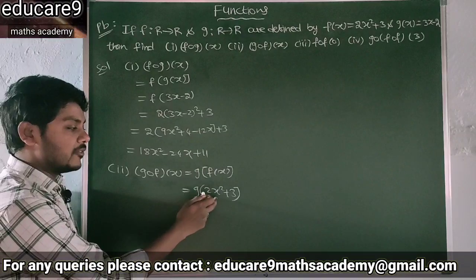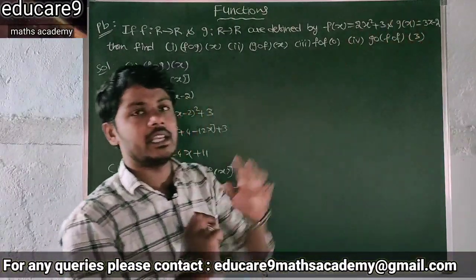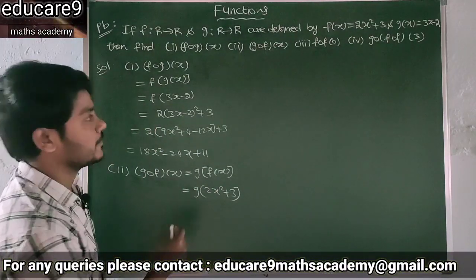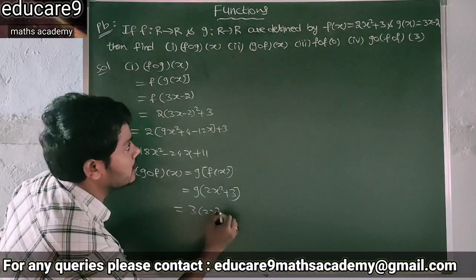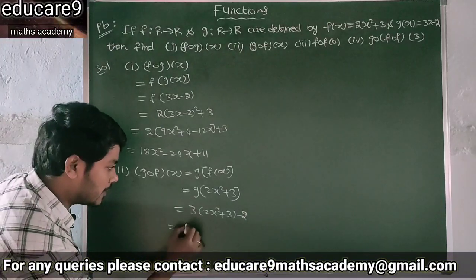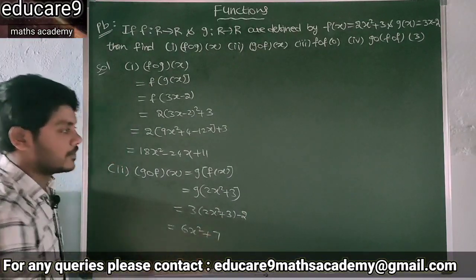Clearly it is in the form of g of x. Now g of x value is 3x minus 2. Now replace x by 2x square plus 3. So that is 3 into (2x square plus 3) minus 2. So this becomes 6x square plus 9 minus 2, 7.